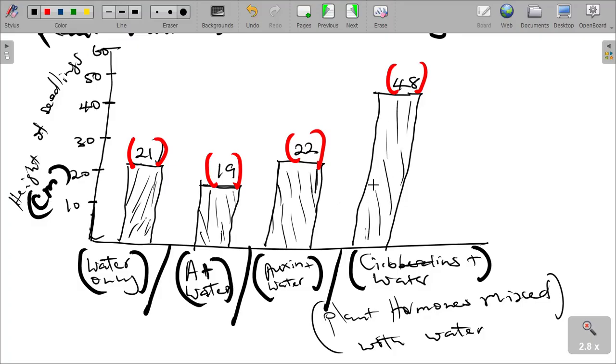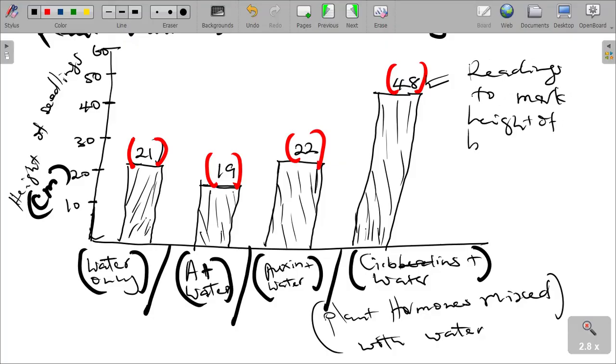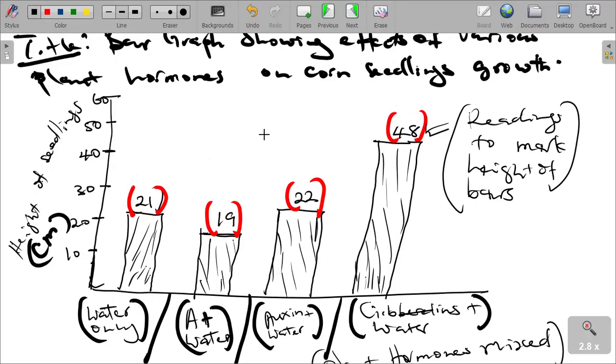The readings to mark the height of bars are very important. You need to put on each bar the readings that are given. When you do this, you have already scored your marks.